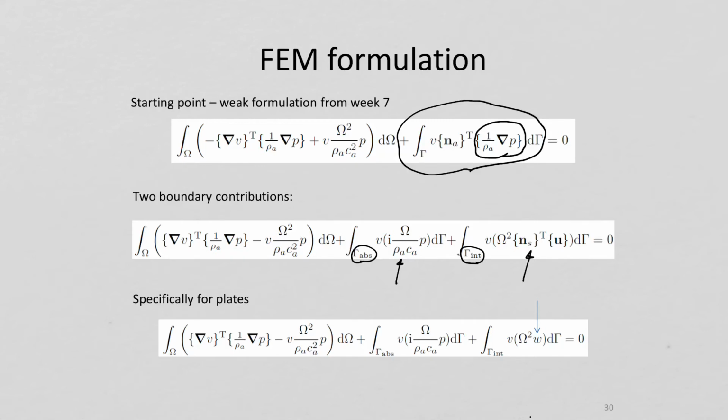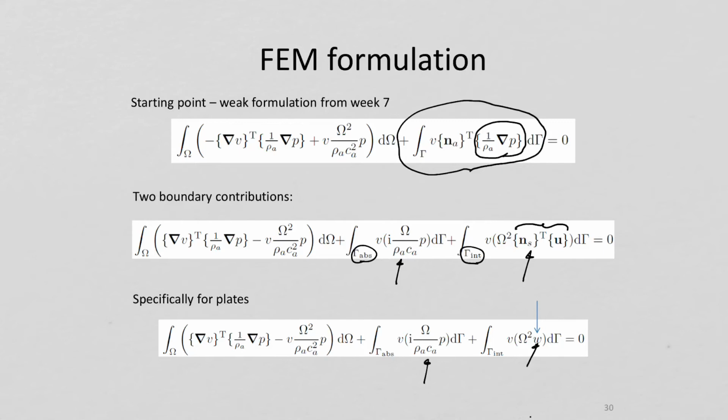So in the second step here, we retain this step here, it's the same as above, but here we can actually see that this is a general term for a vibrating elastic body. But if we have a plate, which we will look at in this course, we know that the normal vector away from the plate multiplied by the displacement vector would actually equal the vertical displacements of the plate.